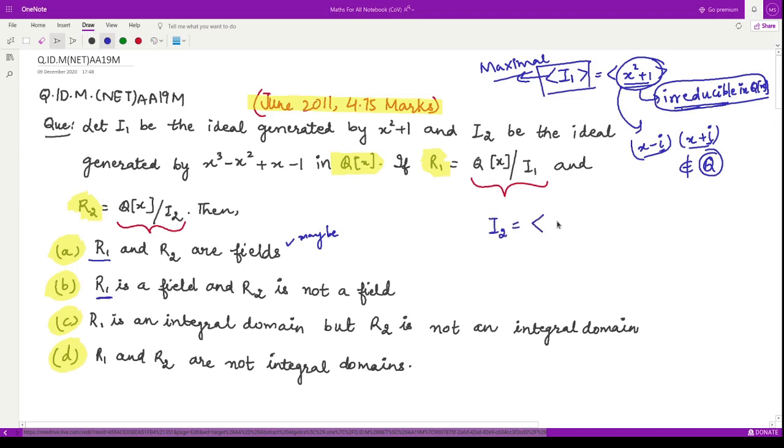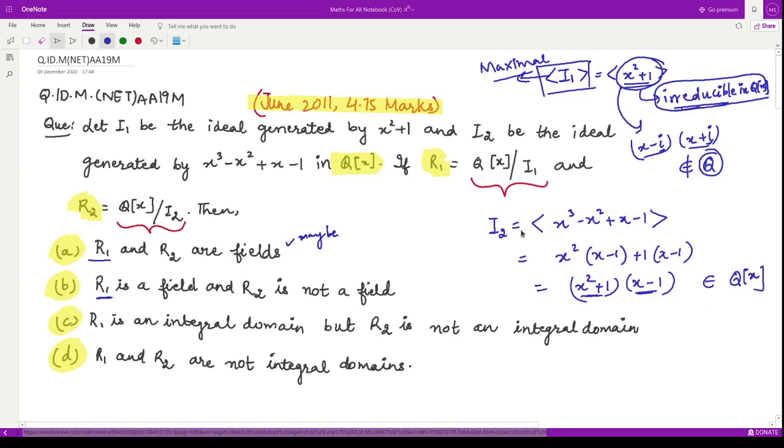So I2 is generated by this polynomial x cube minus x square plus x minus 1. Now this polynomial, if you see it closely, you can create the factors like this. It could be written as x square plus 1 and x minus 1, where all the coefficients of these two factors are in Q. Therefore, we have factorized this polynomial into two factors, so this polynomial is reducible in Q[x].